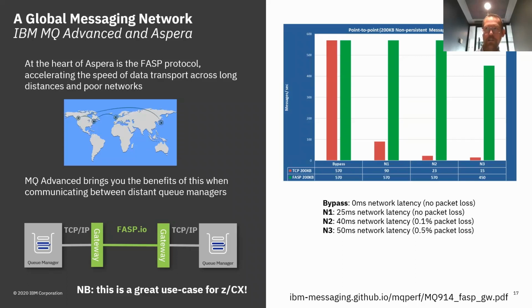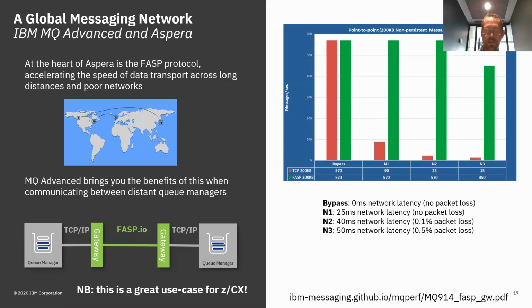A really common example is customers in the US running one data center on the East Coast and replicating their data, perhaps via QREP, or just sending their data to other applications on the West Coast. That's a long distance. We also see customers doing similar things across China, or between Europe and the US. So lots of data is being routed by MQ over long distances.